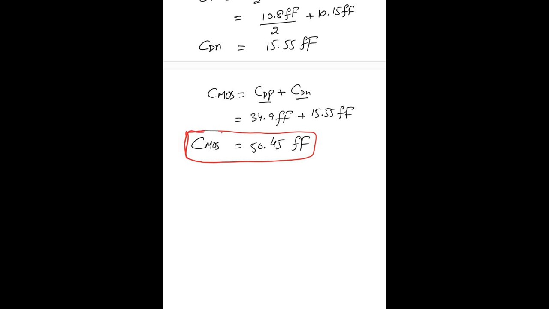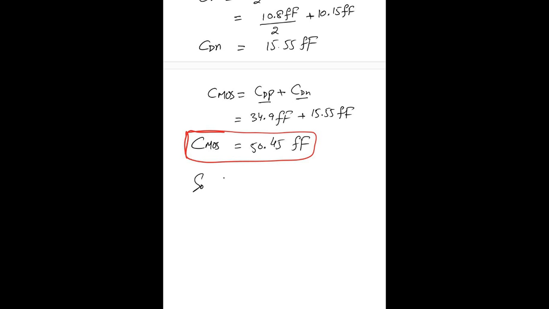If we put the values here, this CDP was 34.9 femtofarad, and this CDN was that we calculated just now, 15.55 femtofarad. So the total value of CMOS is equal to 50.45 femtofarad. This is our second expression which we were looking at, our CMOS capacitance.